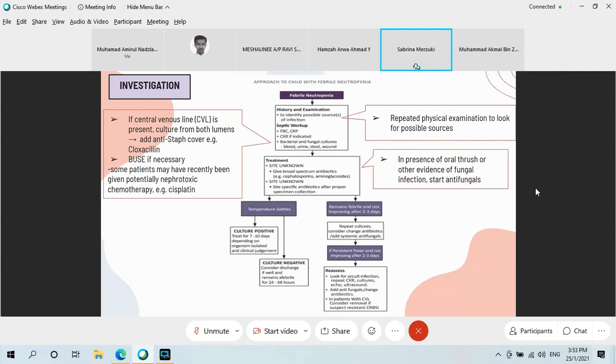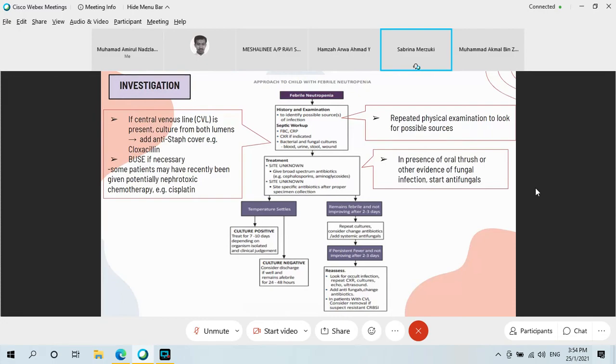Because the line is usually infected by gram-positive bacteria, we need to cover with an anti-staphylococcal agent, for example, cloxacillin. Renal function will be checked if necessary, because some patients who undergo chemotherapy might receive nephrotoxic drugs, for example, cisplatin.